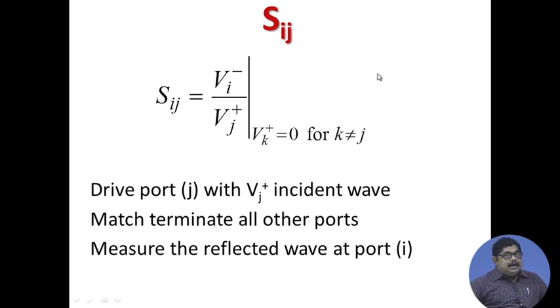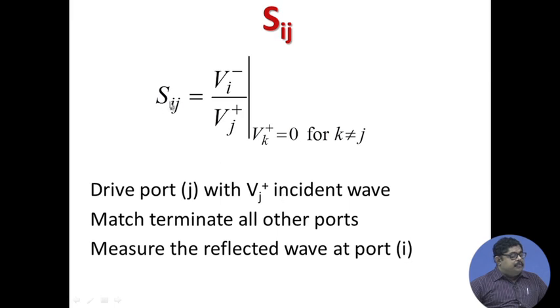If I match terminate a port, it cannot give rise to any incident wave. So, when I am trying to find Sij, drive port J with Vj plus incident. Do not match terminate this port, because if you do that you cannot give this Vj plus. Match terminate all other ports. Match terminating means that at all other ports Vk plus, the incident voltage, becomes 0, and measure the reflected wave at port I.